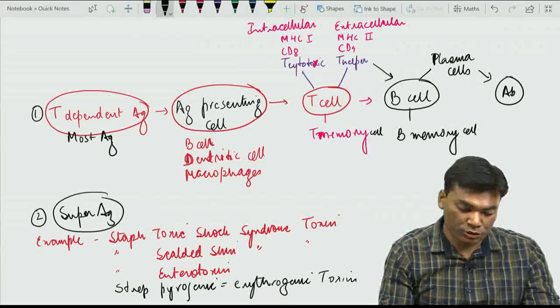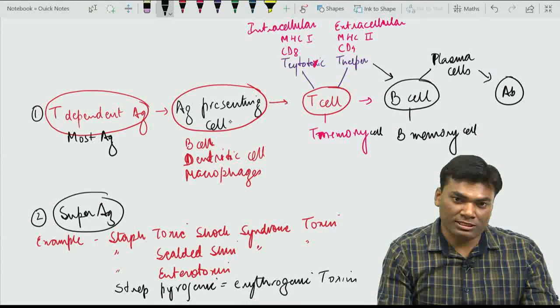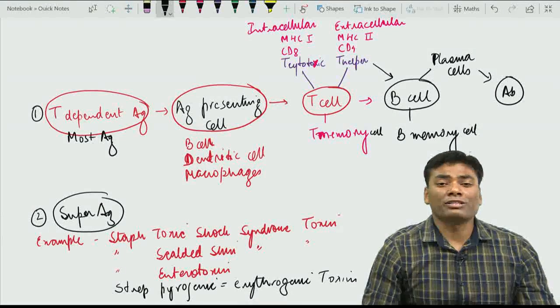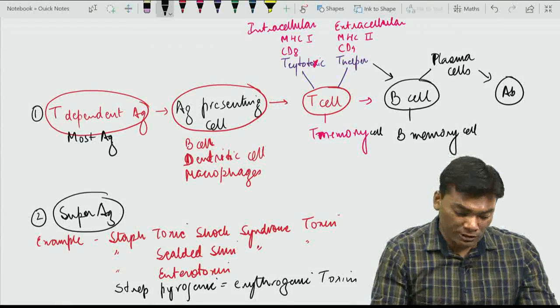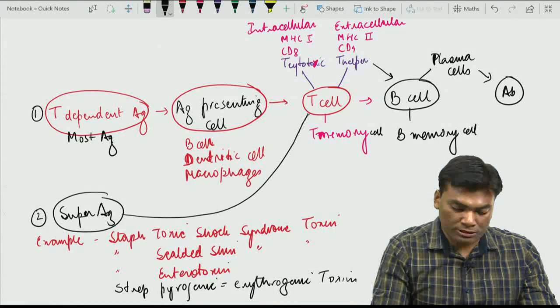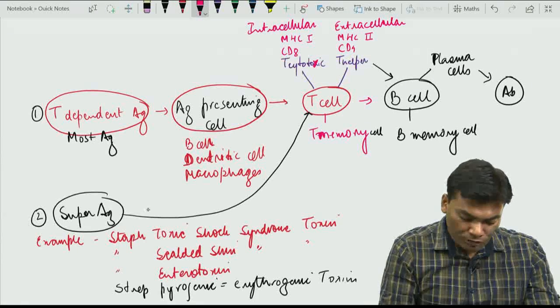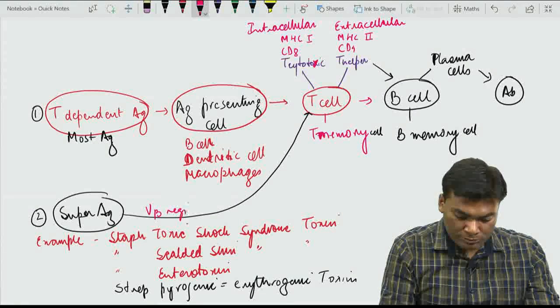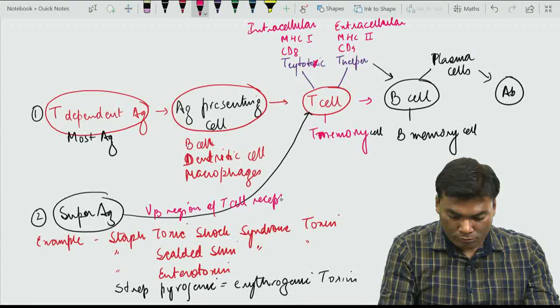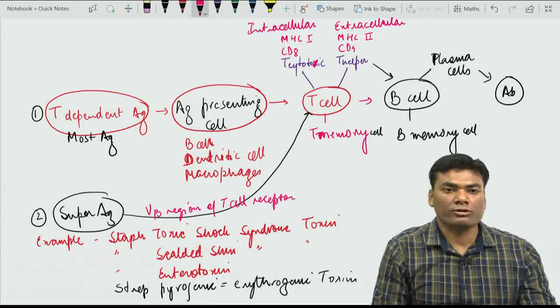Now because they are super antigens, they will bypass this step. They will not bind to the antigen presenting cell. They will directly go and bind to the T cell. And where do they bind? They bind to the V beta region of the T cell receptor. Right?